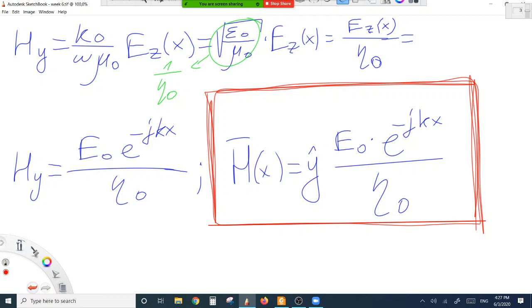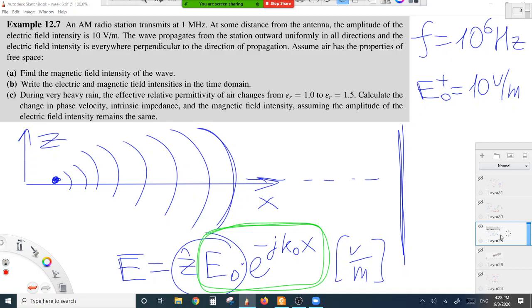Okay, the next question of the same problem. The next question of the same problem: write the electric and magnetic field intensities in the time domain.